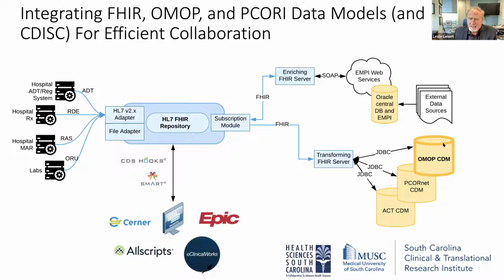This essentially allows us to replicate and maintain parallel clinical data repositories for an area. This gets around the use of standards here, and the subscription part of the FHIR standard really gets around one of the problems Dan was talking about, the need to maintain data in multiple different models for different projects. And there's a broad variety of work.